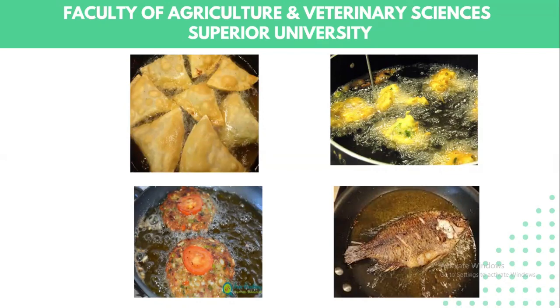And this oil is generally of low quality. If you are cooking in palm oil, that is harmful for your health. And if you are cooking in sunflower oil, although it is not very harmful for human health, it is very expensive.